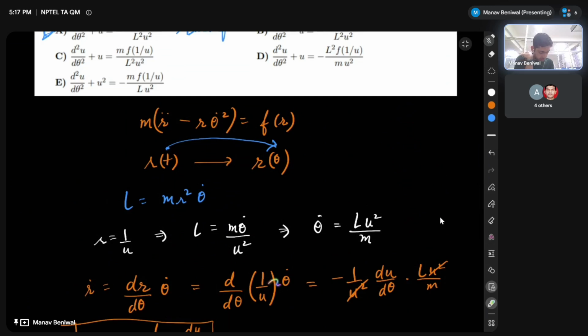No. This derivative that we are taking here, we would have taken for just r, right? So this would have been r theta dot, so the derivative of r would have just given you dr by d theta, and for theta dot we would have to use this equation, but it would have L upon m r squared here, right?